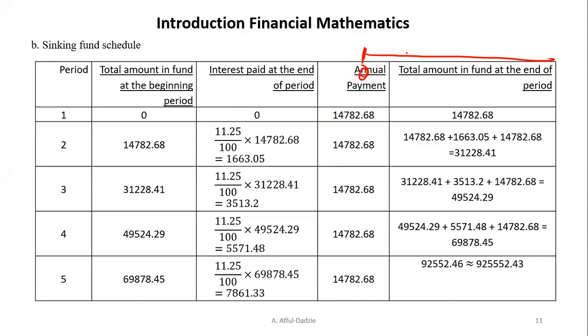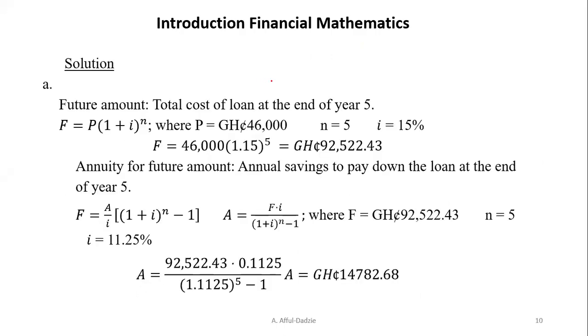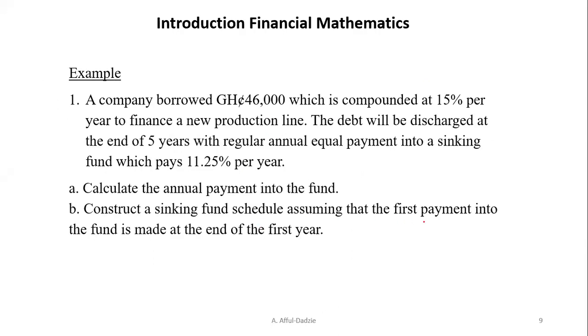So this is 0, right? This is not period 1, this is time point 1, time point 2. Now, if we go back to the question, the question says that the first payment into the fund is made at the end of the first year. So this is telling you that the payment is at the end of the period. Do you agree?